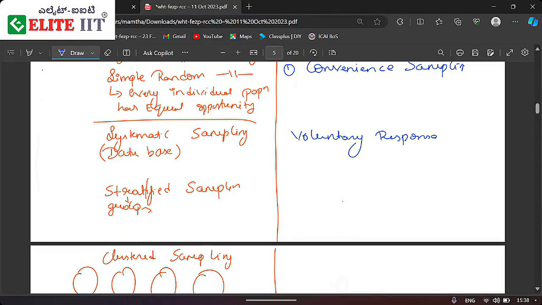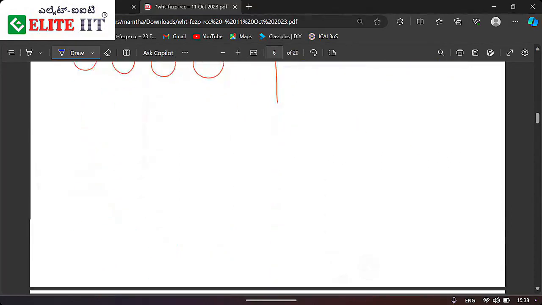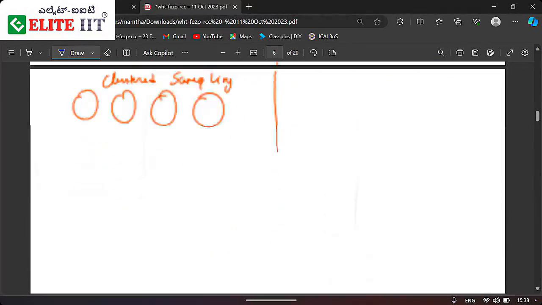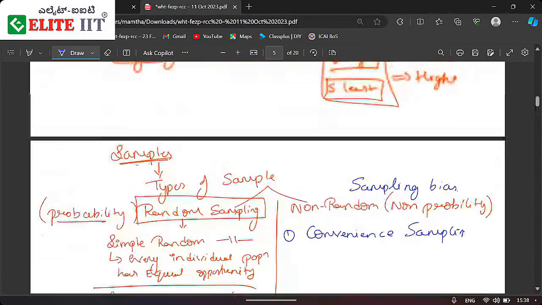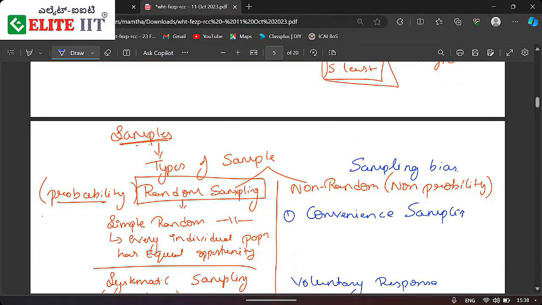The third is purposive sampling. Next is snowball sampling. And we also have quota sampling.